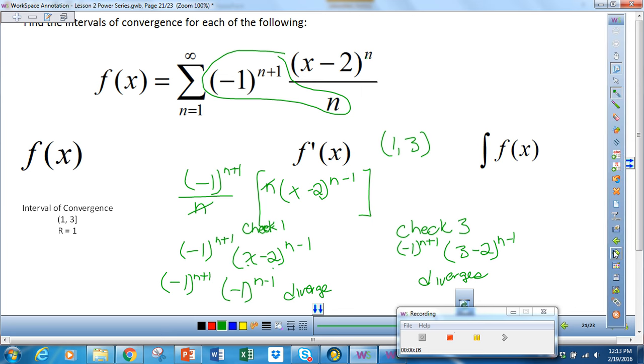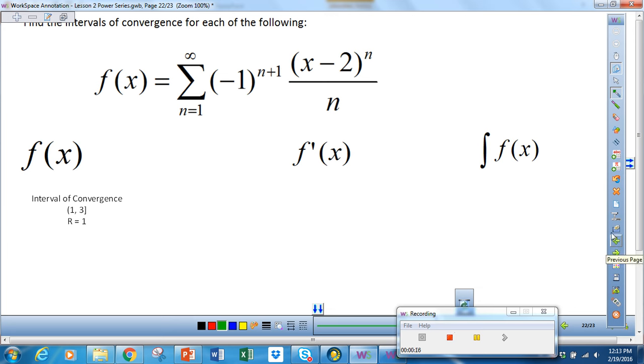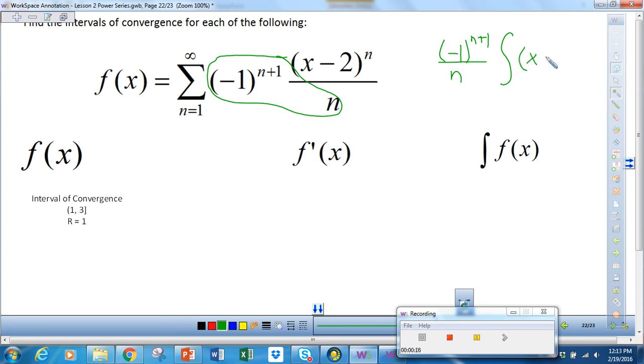Let's do our last example, which is going to be the integral. So once again, when I do the integral, all of this acts like a constant, so I can write this as negative 1 to the n plus 1 over n, the integral of x minus 2 to the nth power.